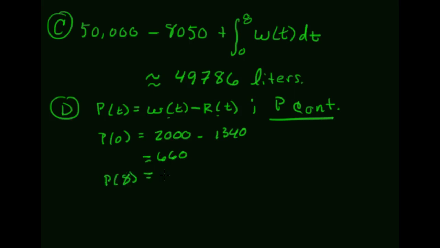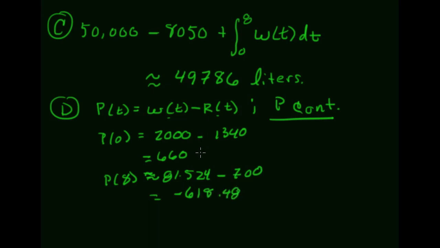P at time 8 is approximately 81.524. That's the W at 8. And we know the exact value of R at 8 is 700. That's clearly negative.